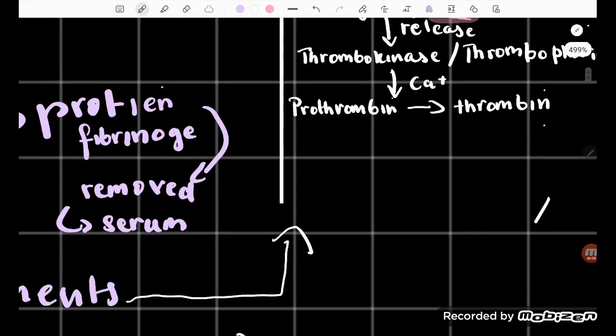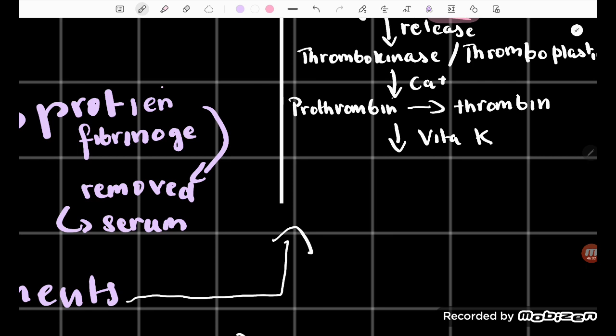Prothrombin to thrombin, and this with the help of vitamin K. Sorry, I'm gonna write it as Vita K. Hopefully, you understand. Vitamin K.